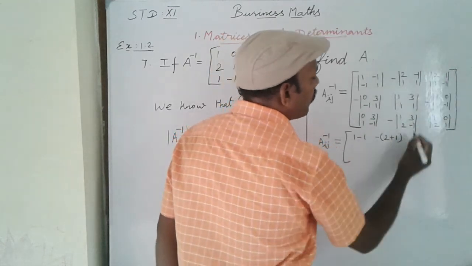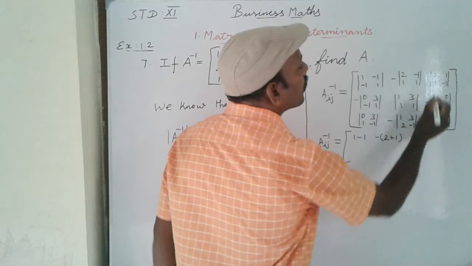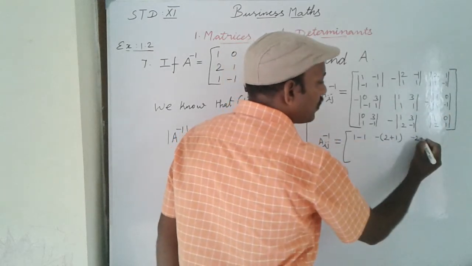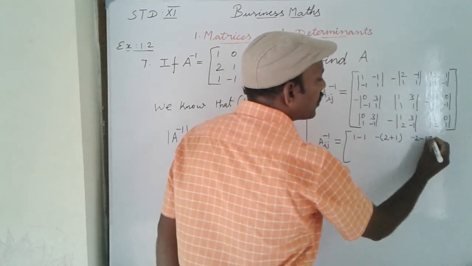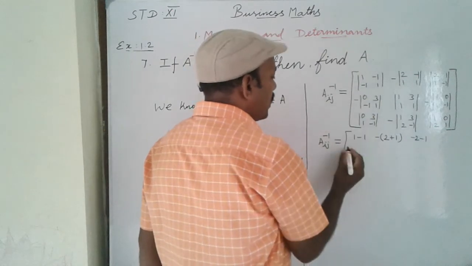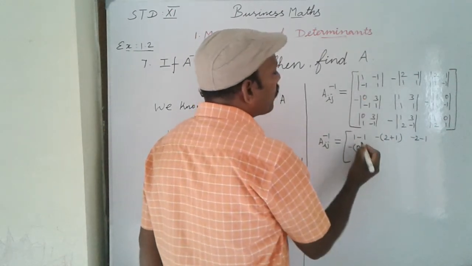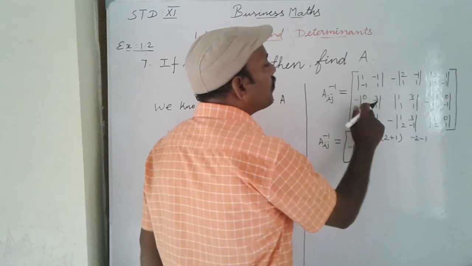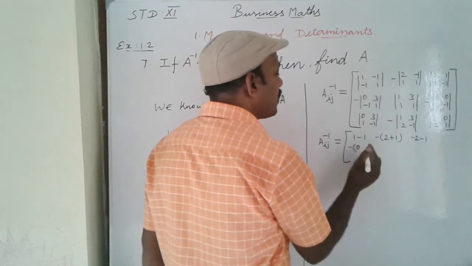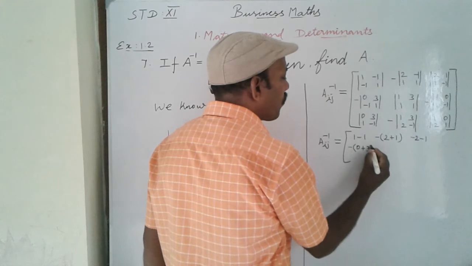Next 2 into minus 1 is minus 2, 1 into 1 is 1, here the symbol is minus 1. Next minus is the symbol, 0 into 1 is 0, minus 1 into 3 is minus 3, minus into minus plus 3.